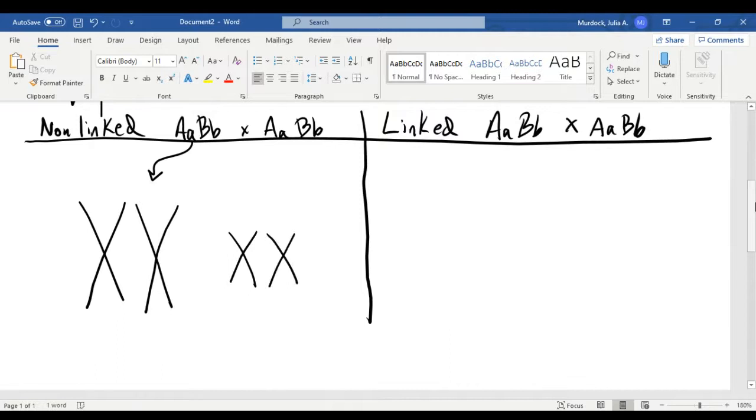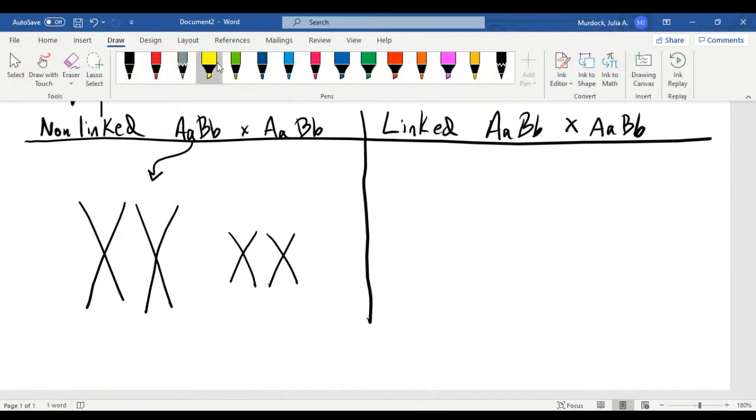With non-linked, you would have this situation: you'd have the alleles for these two different traits located on two different chromosomes, right? They're on different chromosome pairs.